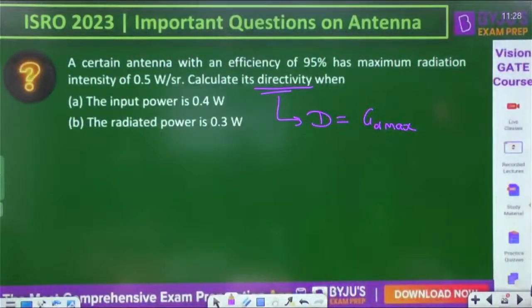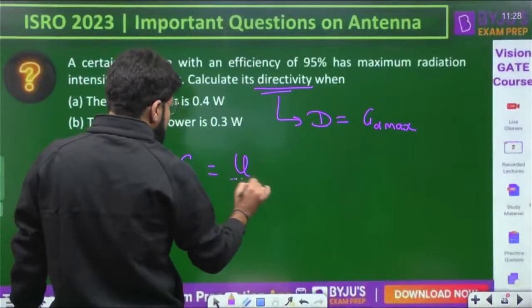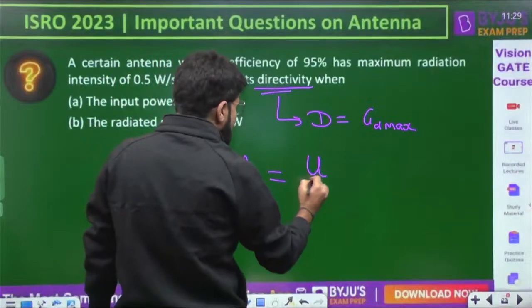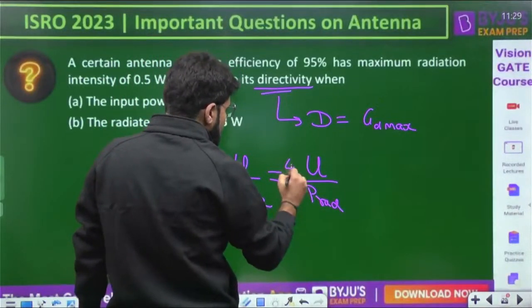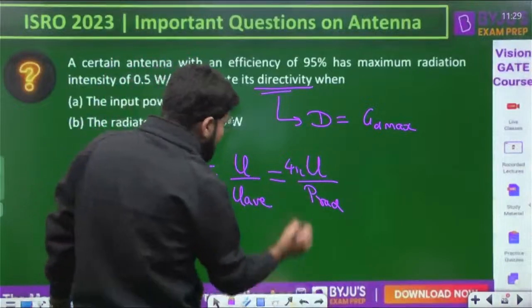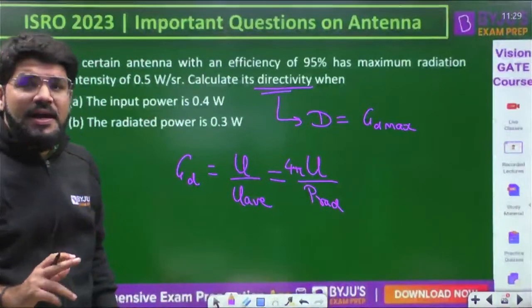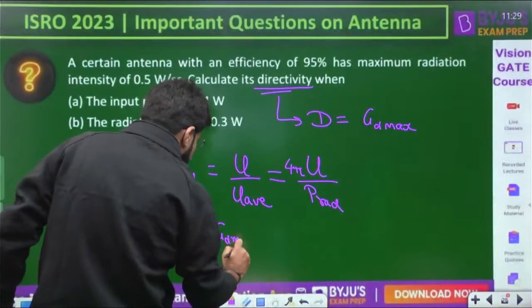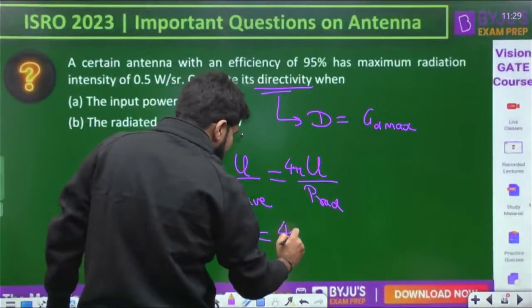Now what should be GD max? As I told you already, GD is given by U upon U average. U average is P rad upon 4 pi. And then U is r square P average, but don't write that down here, just write this much: GD is 4 pi U upon P rad. Now I want to maximize the GD. Directivity is GD max, and to maximize this, I should have the maximum radiation intensity.